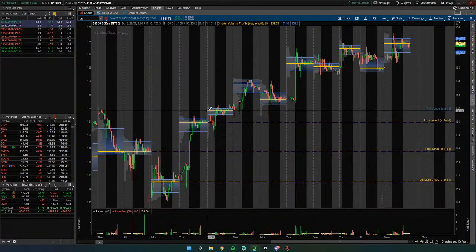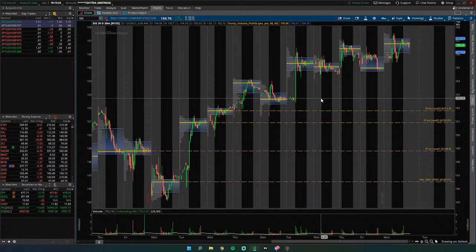So this one here, good example. This is a virgin POC. Never gets retouched here. It's still a virgin POC. Comes down, touches here. Now it's just a VPOC. This one here is still a virgin POC.